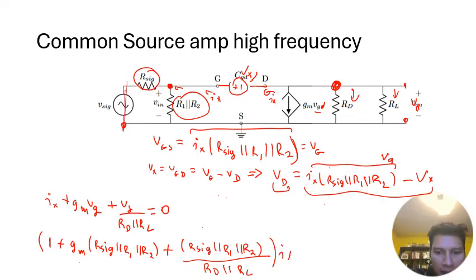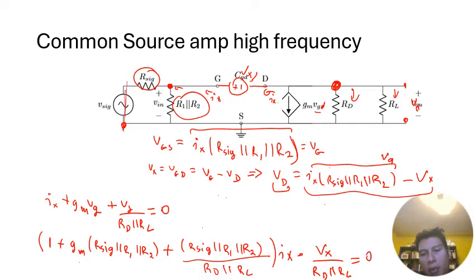That all times Ix. And then we have to subtract Vx over RD in parallel to RL. That has to be equal to 0.